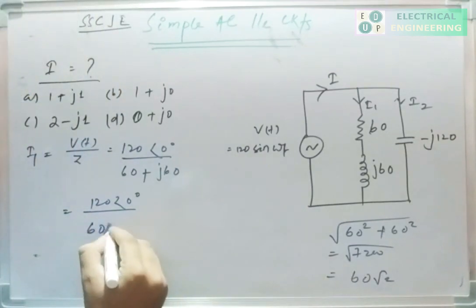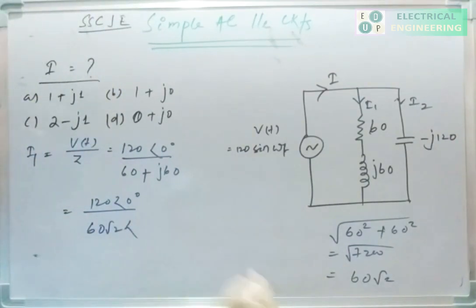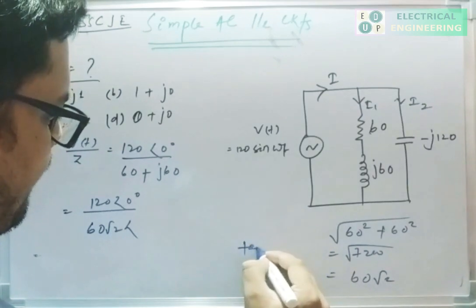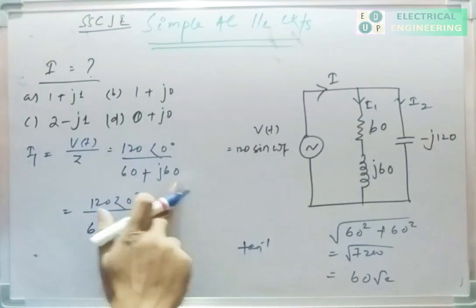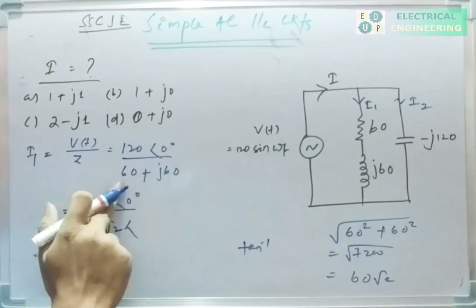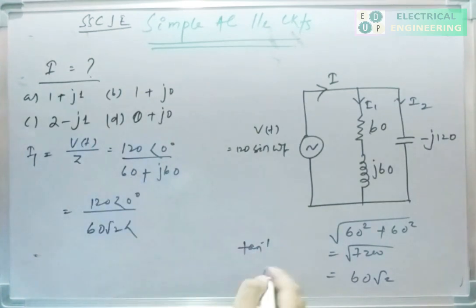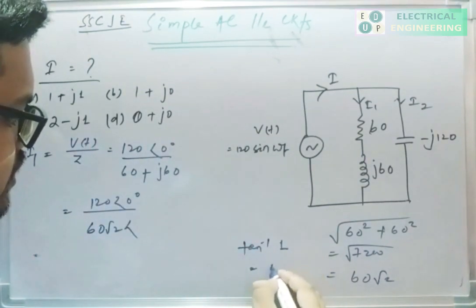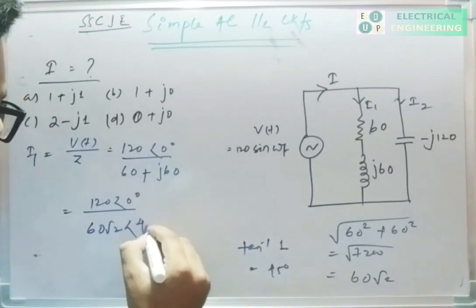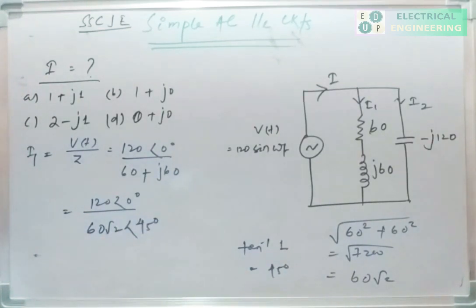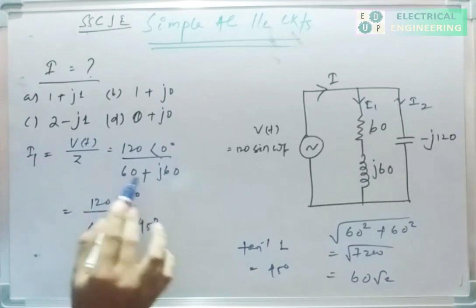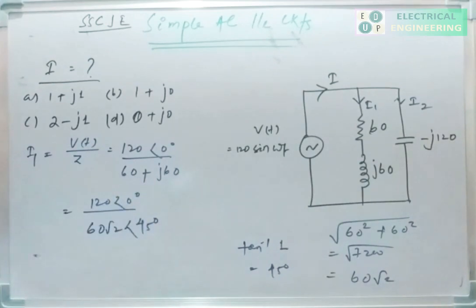So this is 60 root 2. The angle will be tan inverse of XL divided by R, 60 divided by 60, that is 1. Tan inverse 1 is 45 degrees. See, here the sign is plus, here the sign is plus, so it is in the first quadrant and will stay as it is, 45 degree.